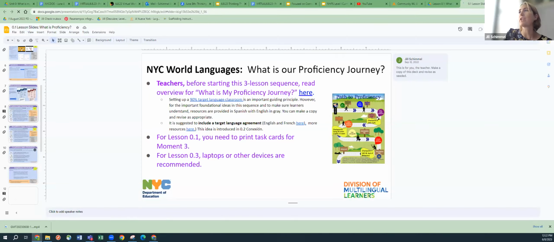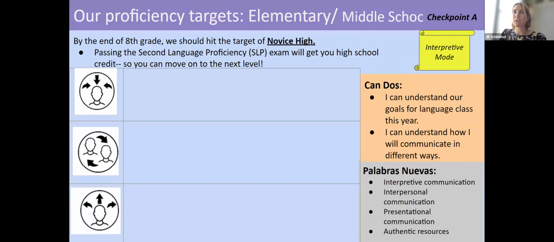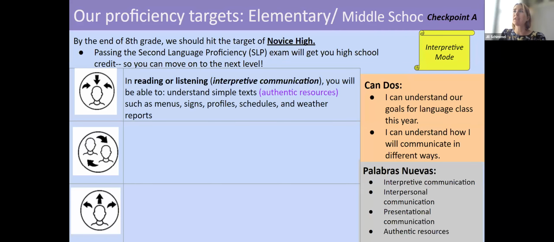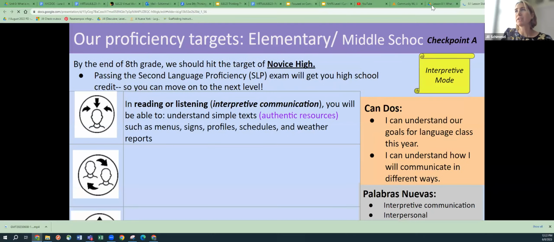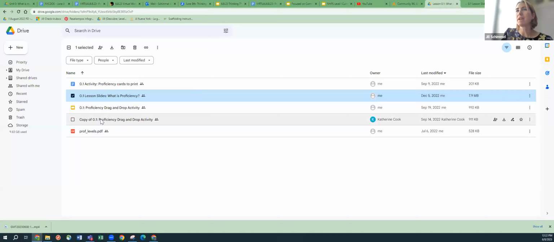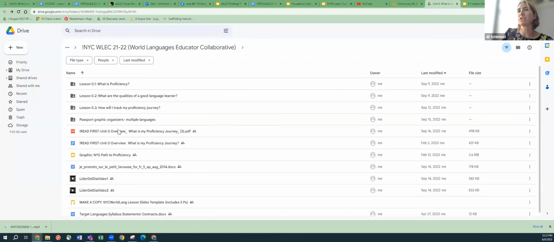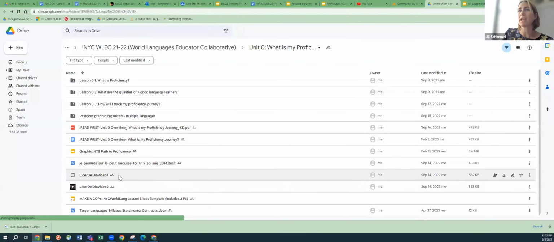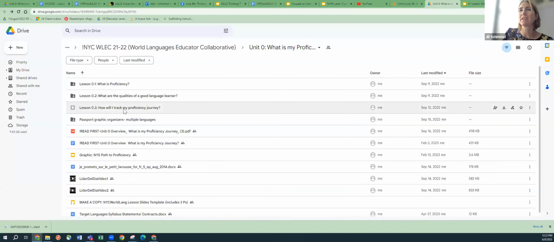And so all of this is right here, these ideas, because this is how you get students feeling like, I want to try the language. This is what is realistic for me in 7th grade, right? And so all of these are here. We encourage you to use them. This specifically too, this proficiency notebook. I think a lot of you probably saw the digital proficiency notebook in the past, and teachers love that.